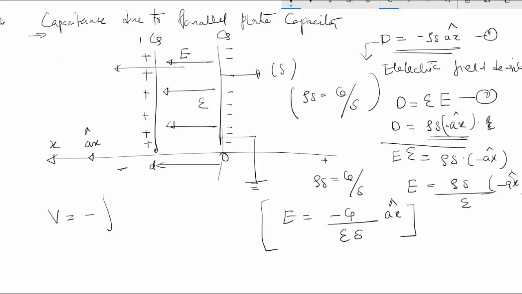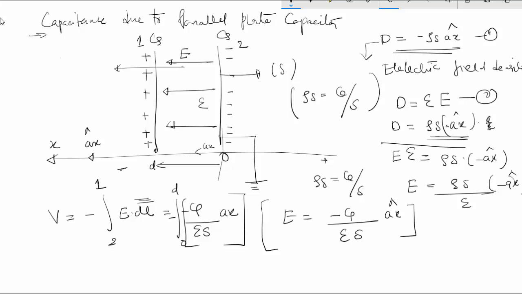This is the first plate and this is the second plate, and if I am moving from the second to the first against the direction of the electric field, it is given by minus the integral of E dot dl, moving from 0 to d, so it will be negative. Substituting the same thing here, it will be Q upon epsilon S, with dl along ax, and ax dot ax.